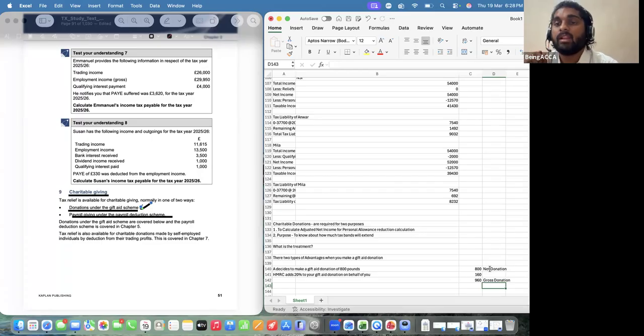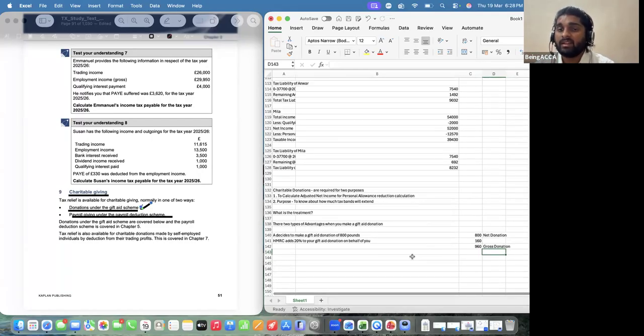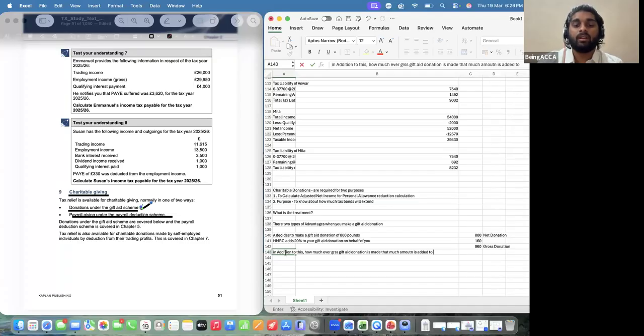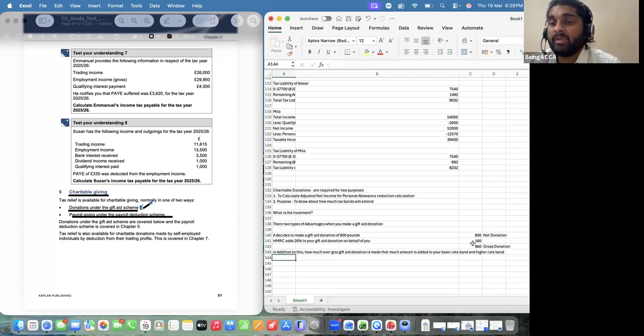But in addition to this, what you get is that however much gross gifted donation is made, that amount is added to your basic rate band and higher rate band. For example, you have made a gross gifted donation of 960 pounds, correct?